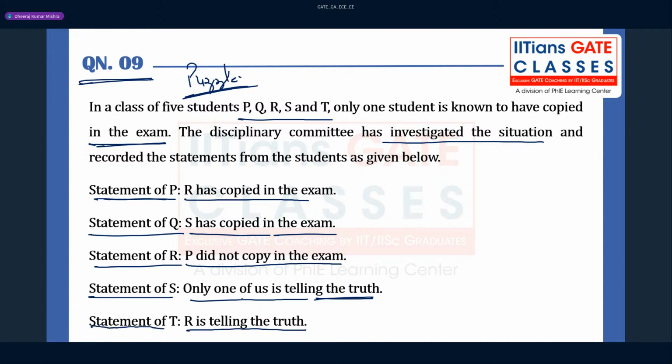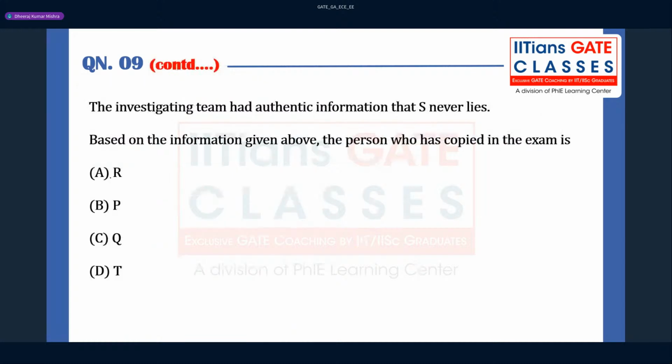If R, suppose you consider that R is telling the truth, so R tells the truth means P did not copy the examination, right? So then R has copied in the examination. So you might say that yes, sir, R is the correct answer, but R is not the correct answer, because you see here what they have given.